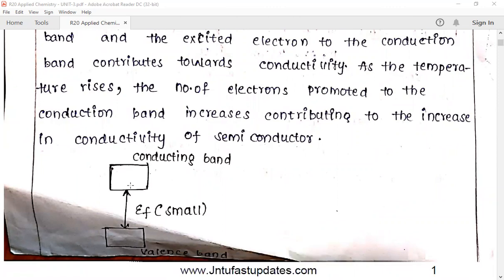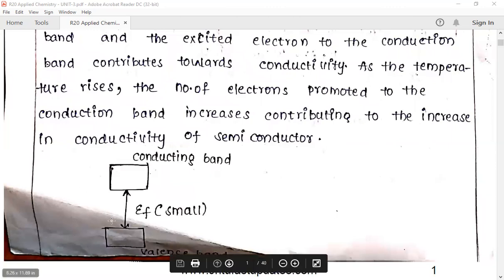Whatever energy is supplied externally is known as external energy. As the temperature rises, the number of electrons promoted to the conduction band increases, contributing to the increase in the conductivity of semiconductors.